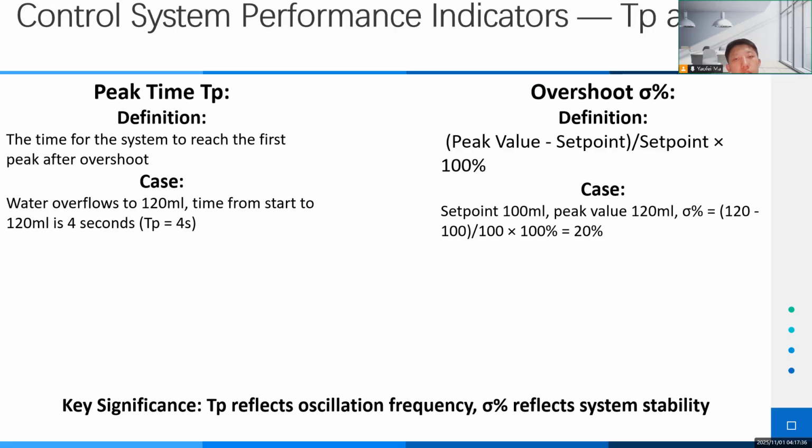If it takes 4 seconds to reach 120 from the start, TP is 4 seconds. TP tells us how fast the system reaches its overshoot. Overshoot is a percentage that shows how much the system goes over the set point.